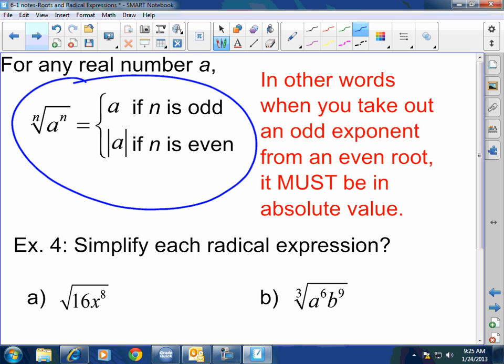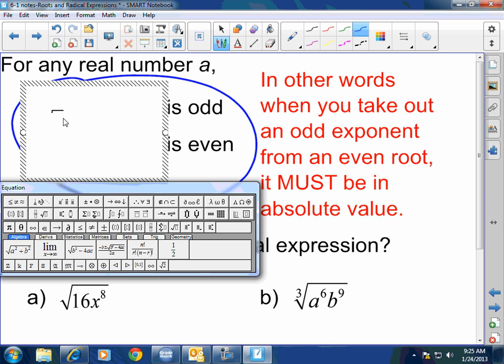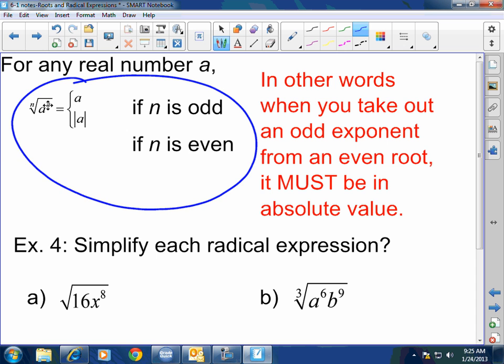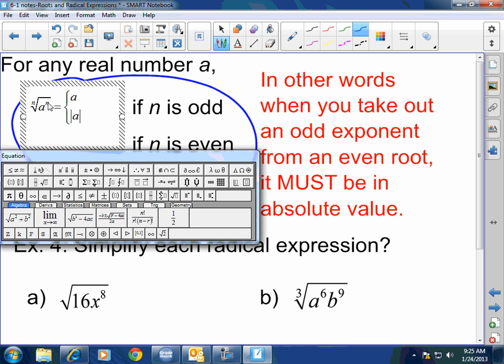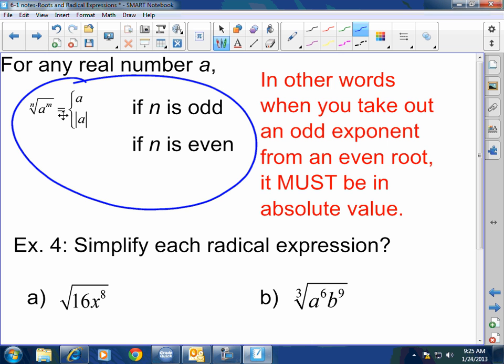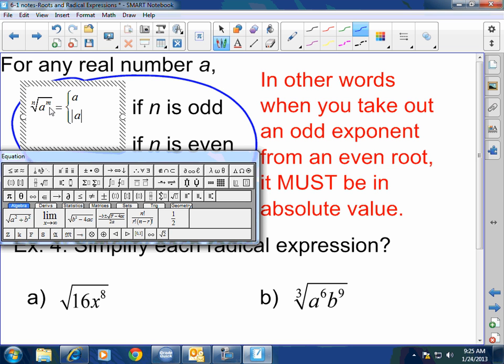And wait a second. I shouldn't have 2 n's. I should have an m there, as in Mary. Or actually, no. I should have the n here and the m here. Sorry.